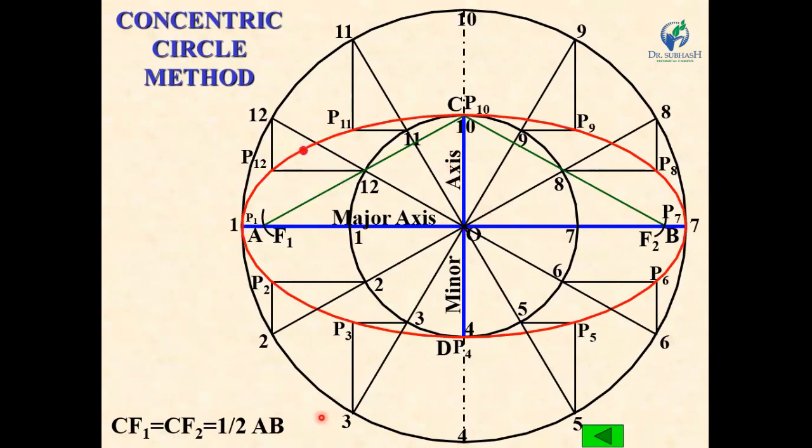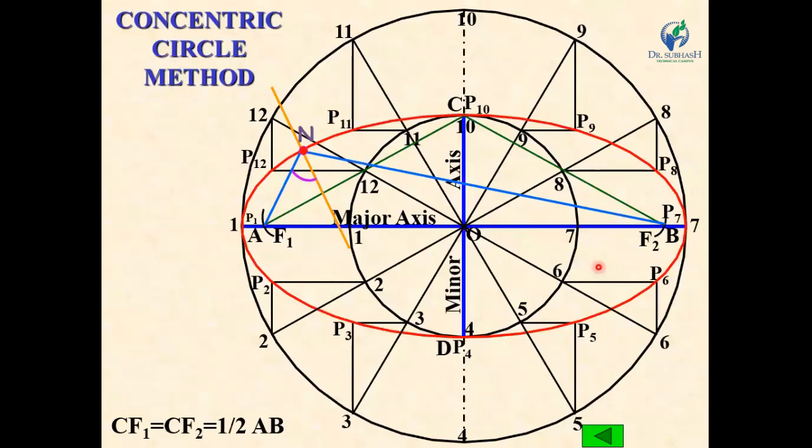Now, if you want to draw the tangent and normal at any point on this ellipse, suppose at this point N, then first of all join this point N with F1. So draw line NF1 and join this point N with F2.